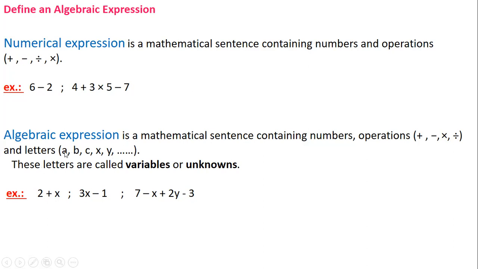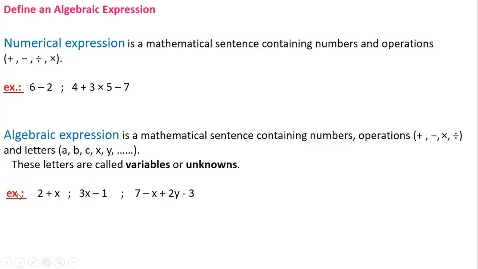These letters, the A, B, C, X, Y, Z, T, etc., are called variables or unknowns. So the letters in an algebraic expression in mathematics, we call them variables or unknowns. They are values, but we do not know exactly their number, how much it is.